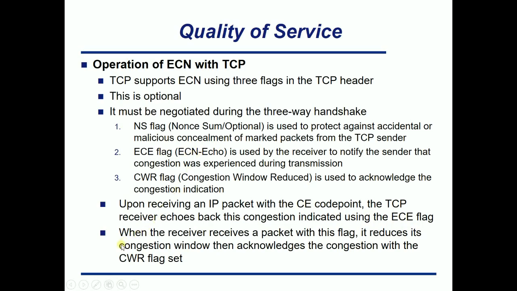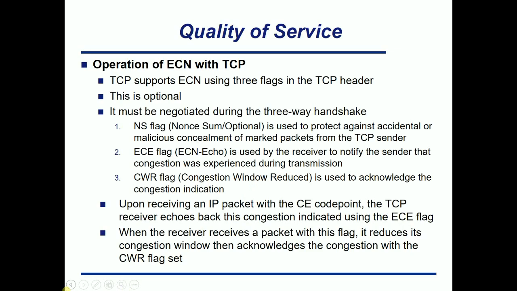Then when the sender receives the packet with the ECE flag set, it's going to reduce its congestion window and then acknowledge the congestion with the CWR flag. Okay, CWR flag, congestion window reduced. So that's what happens between the two endpoints, and this is how the router in the middle says, hey, I'm experiencing some congestion.